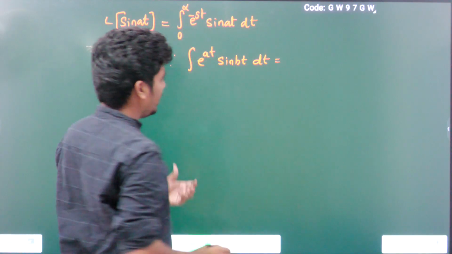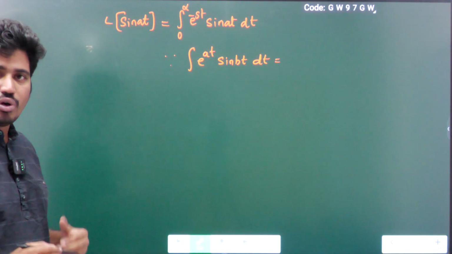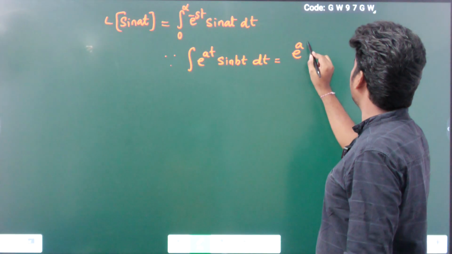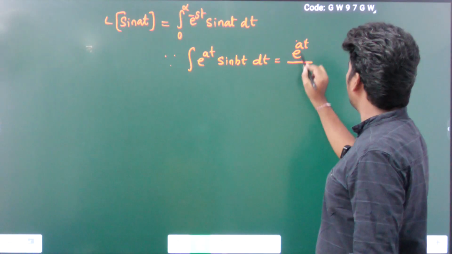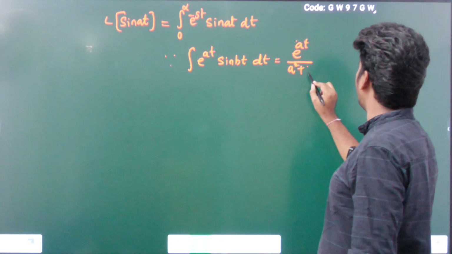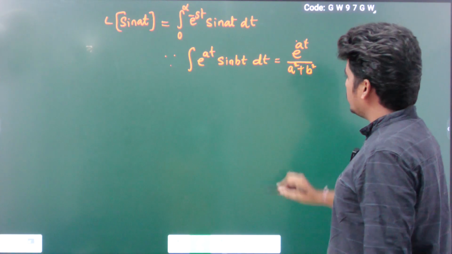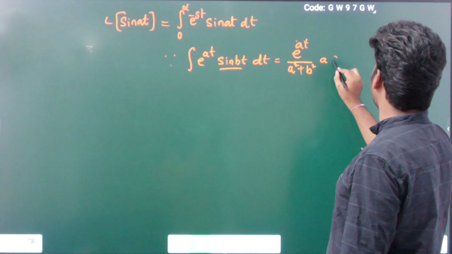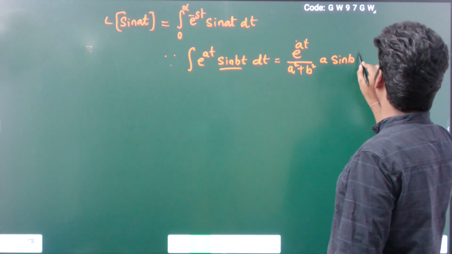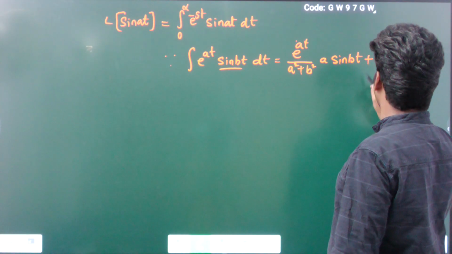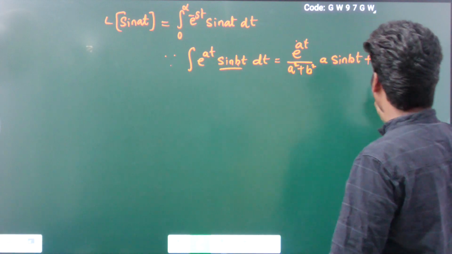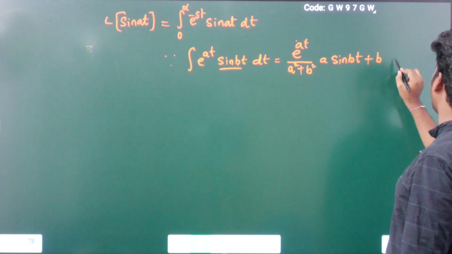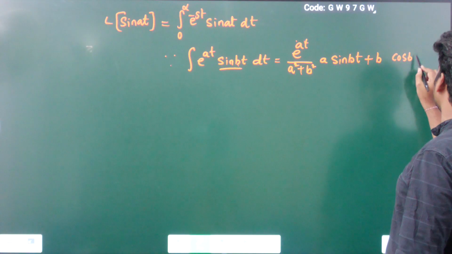This is the integration of e power at sin bt. The formula is e power at divided by a square plus b square, into the same function sin bt, multiplied by the coefficient, plus the b coefficient into the integration of sin, which is minus cos bt.